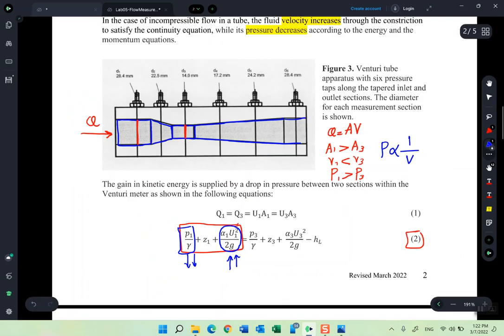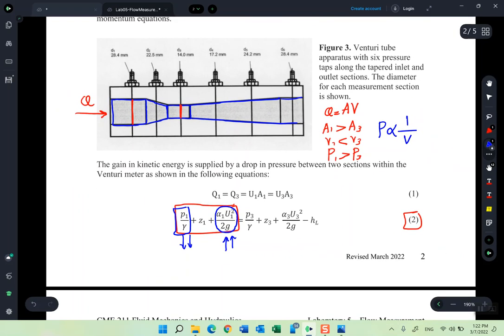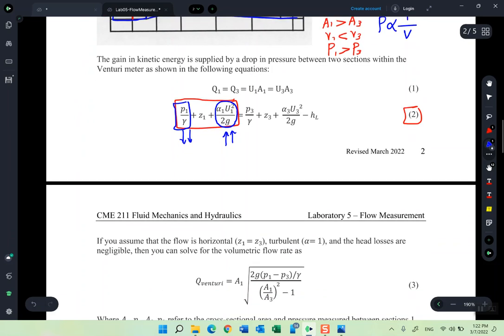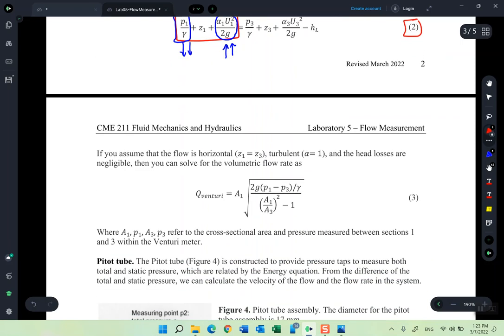Great, so now we know what the Venturi tube is and the concept behind it. What it basically does is reduce the cross-sectional area to increase the velocity and reduce the pressure. To simplify things, we can derive an easier equation from equation 1 and equation 2.